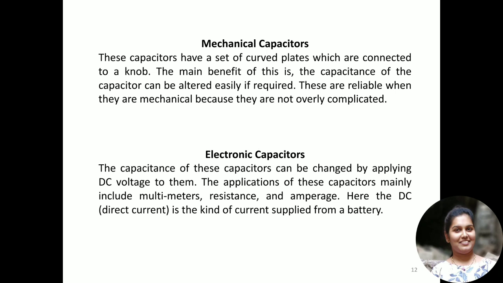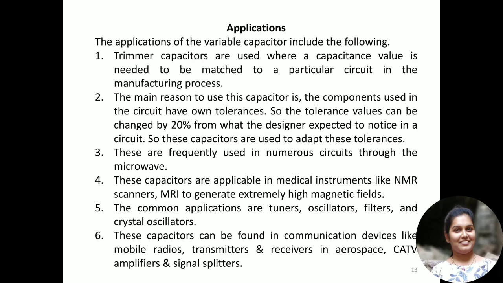Here the direct current is a kind of current supplied from a battery. Okay, so these are the different types of variable capacitors that are available with us.